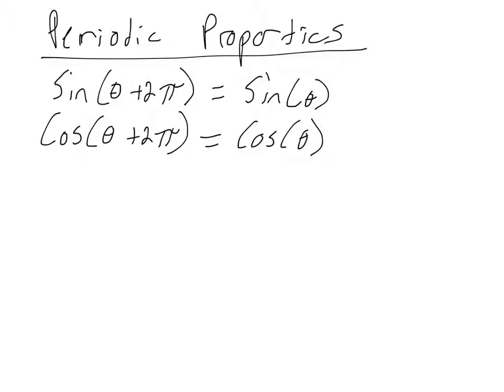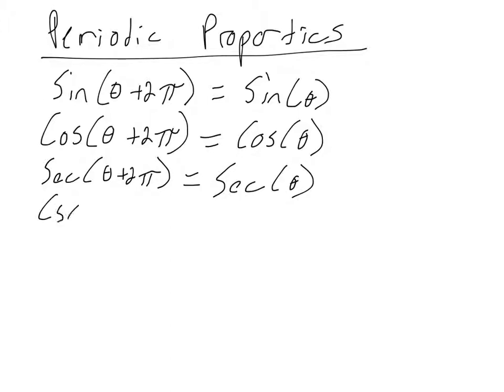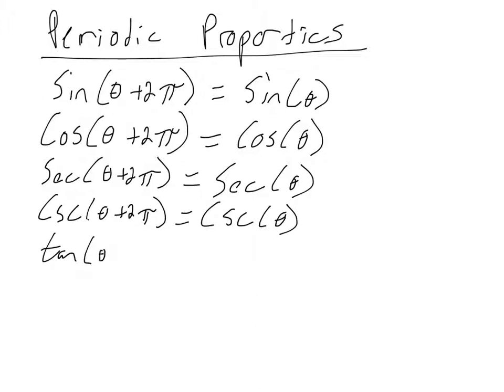And the same thing is true of secant and cosecant, because they also have a period of 2 pi. And then for tan, I have to add only pi, right? And the same thing for cotan.